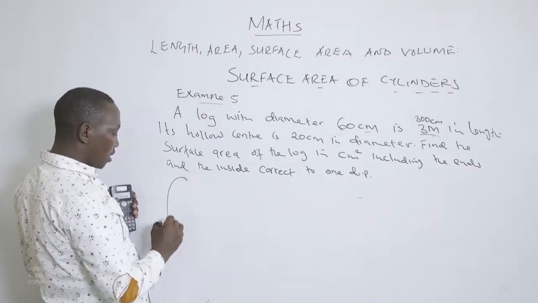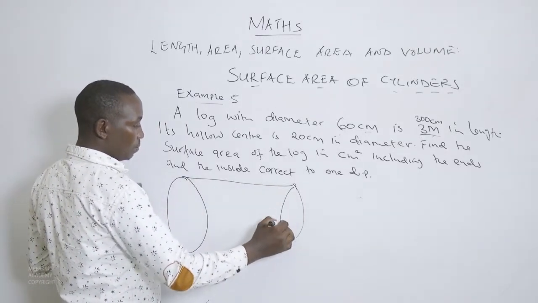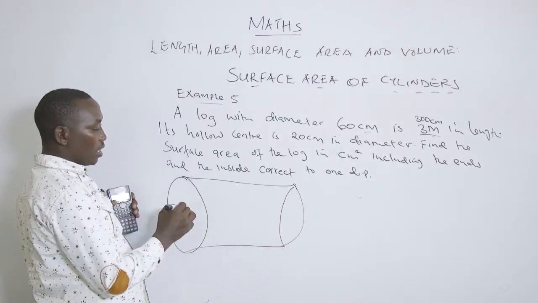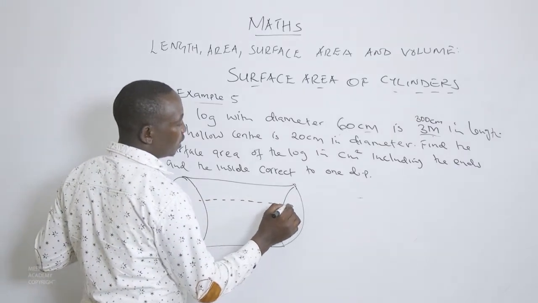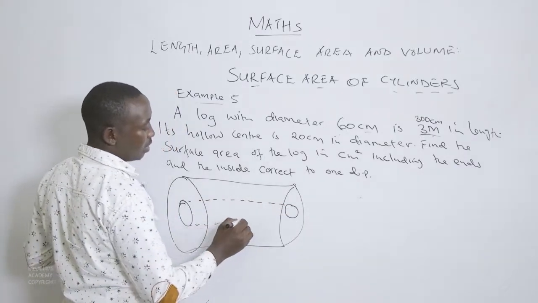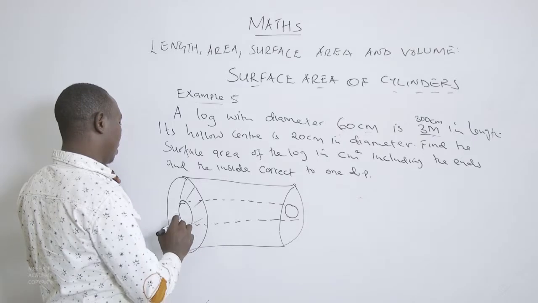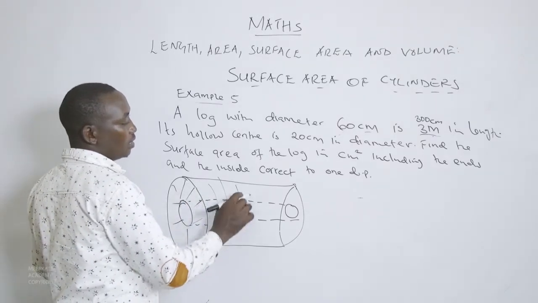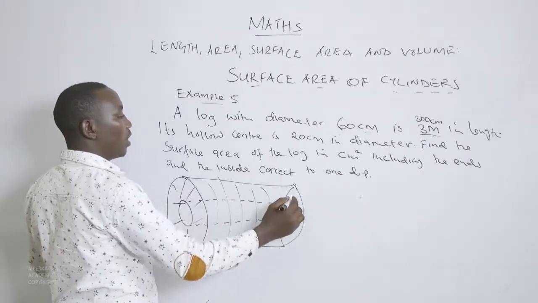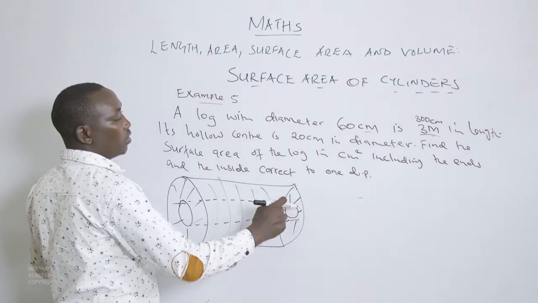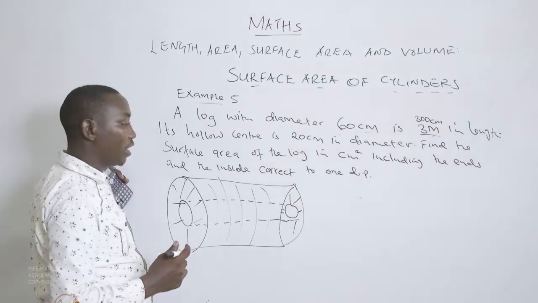Now if this is our log, it has a hollow part which goes directly through to the other side, and we need to get the outer curved surface, also these two ends, and also the interior curved surface area.